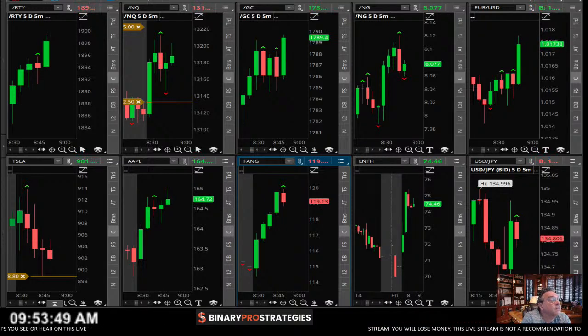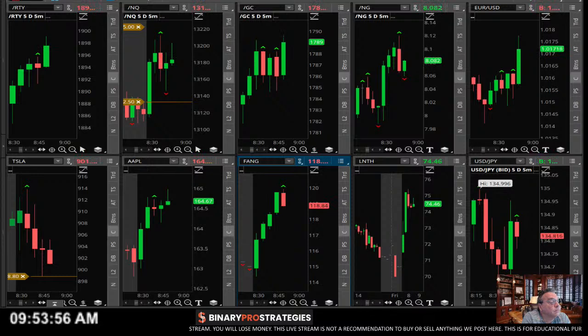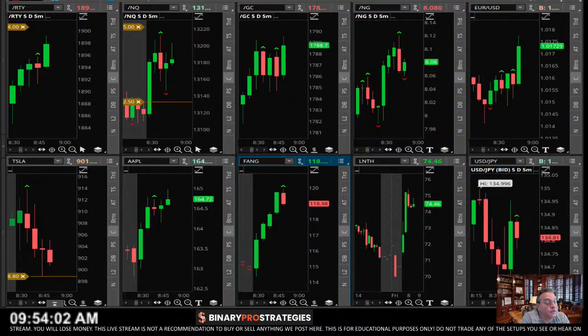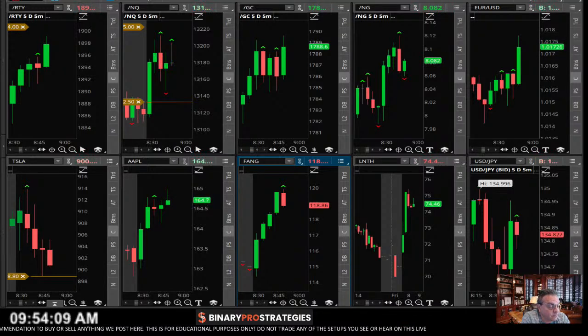Target on RTY is going to bring us up to 1904. That's going to be my profit target. And if I need to reverse for some reason on RTY, I'm going to reverse down here at 1889.